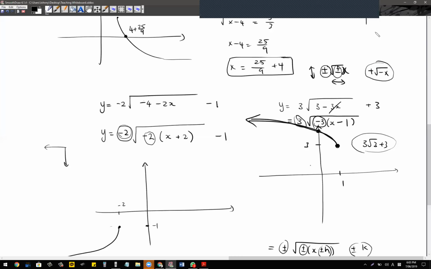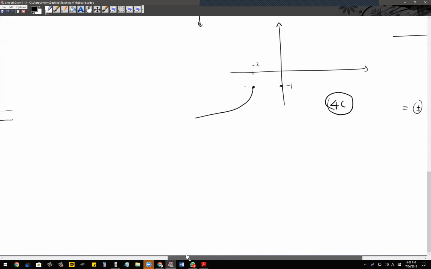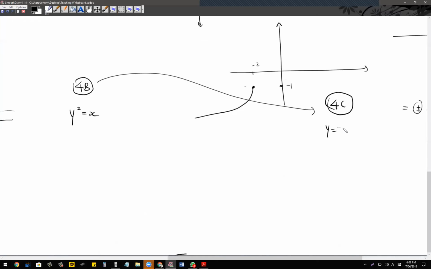What we actually just did here is 4C. We're going to do 4B now. So what's 4B about? 4B is about y squared equals x. From that, we get 4C, which is about y equals plus and minus root of x, right?